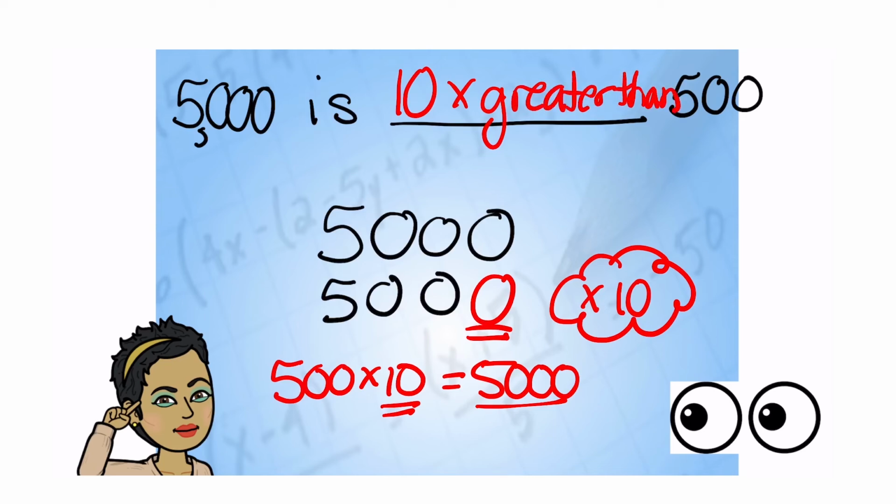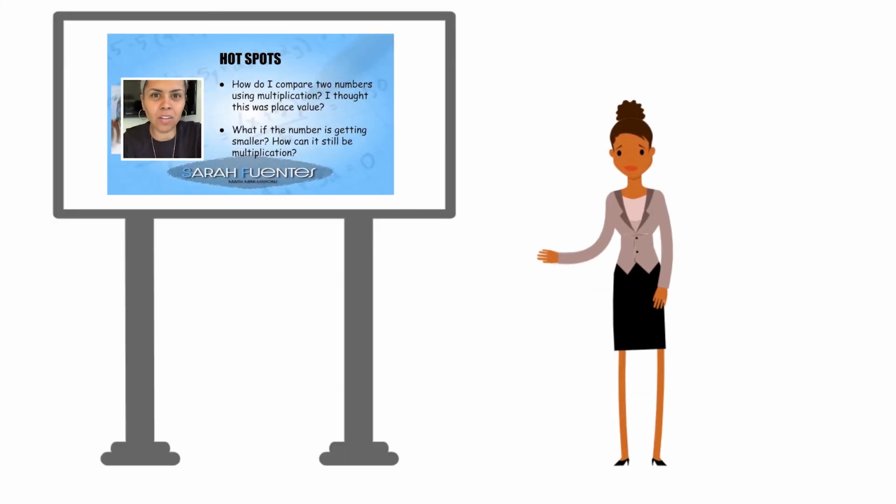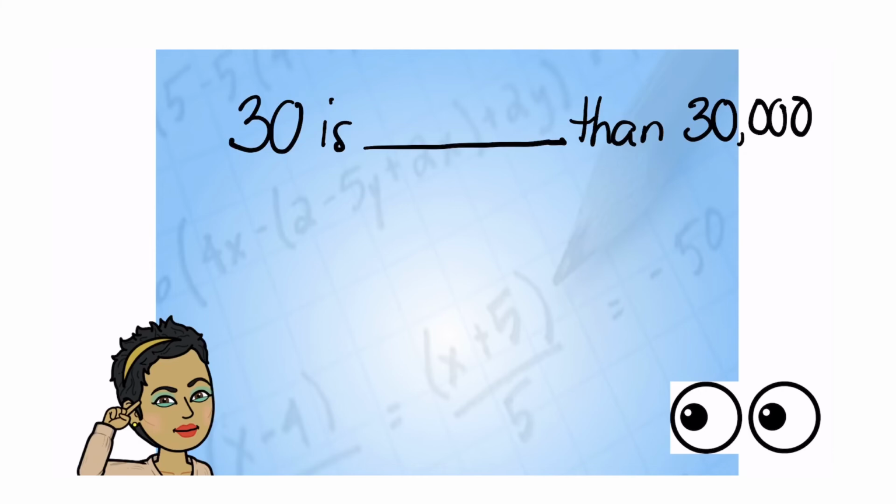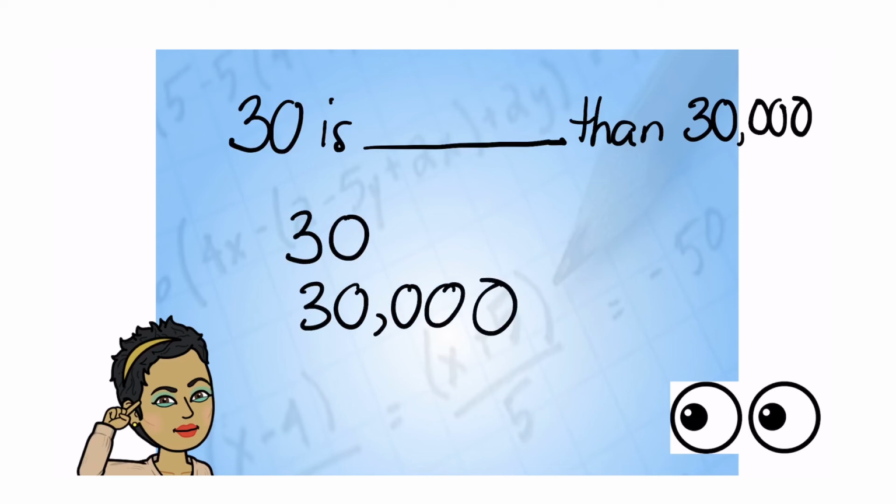What if the numbers are getting smaller? How am I supposed to use multiplication to show things getting smaller when things get bigger when we multiply? This one's a big leap of faith because when we think of multiplying, we think of numbers getting bigger. And we are definitely going to go into this when we get into fractions. We already know that 30 is way smaller than 30,000. So again, here's 30 and here's 30,000, I'm just lining them up so you can see.